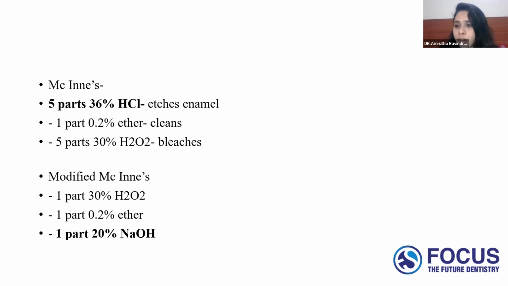Then you also have the modified McKean's, which is 1 part 30% hydrogen peroxide, 1 part 0.2% ether, and 1 part 20% sodium hydroxide. You don't have to bother about these numerical values. This will all be provided in the notes. So this is regarding the McKean solution. This also is being asked.